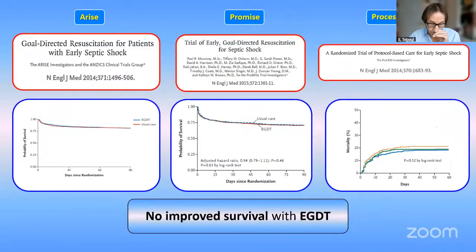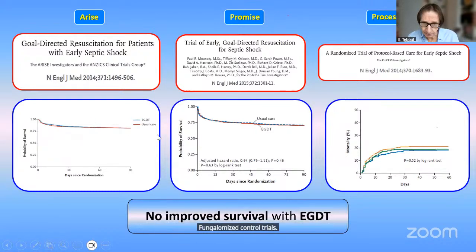Why? Probably because of the publication of 3 randomized controlled trials in the meantime, between 2012 and 2016, which were the ARISE, PROMISE, and PROCESS trials. The Rivers trial was a single center randomized controlled trial. These ones were multi-center randomized controlled trials.